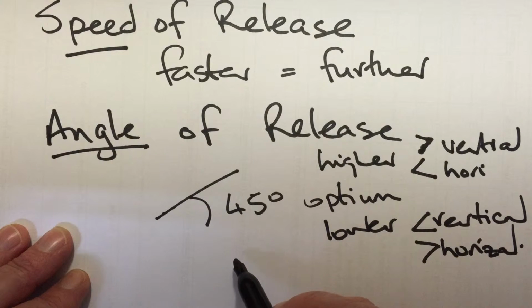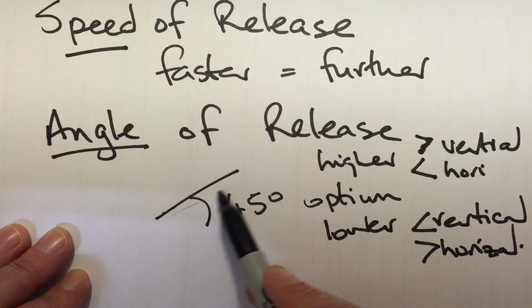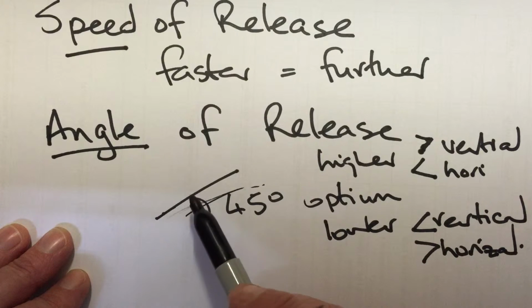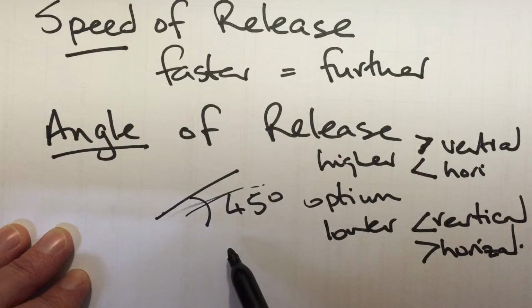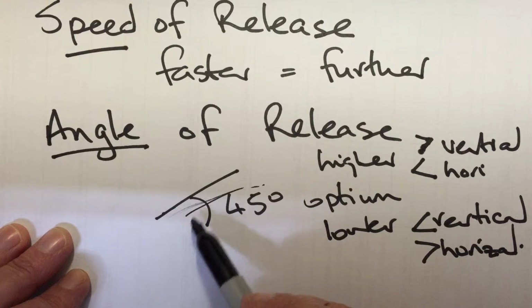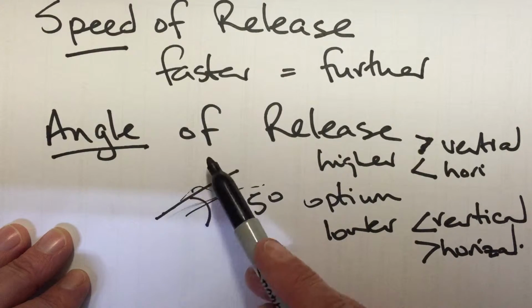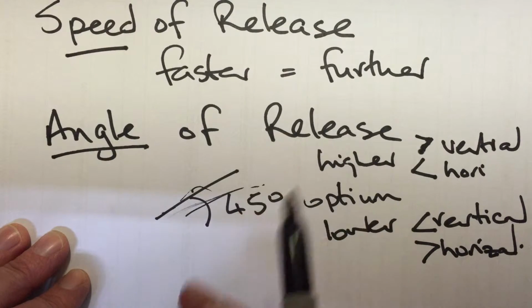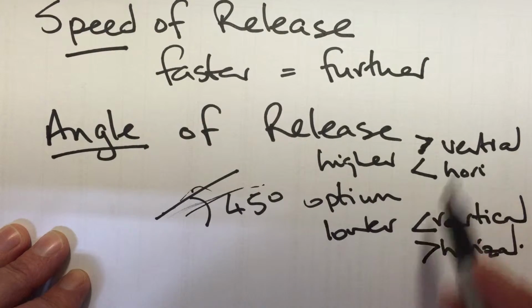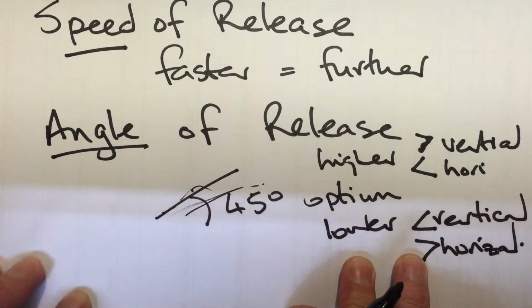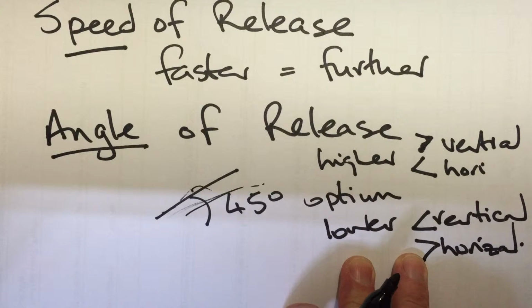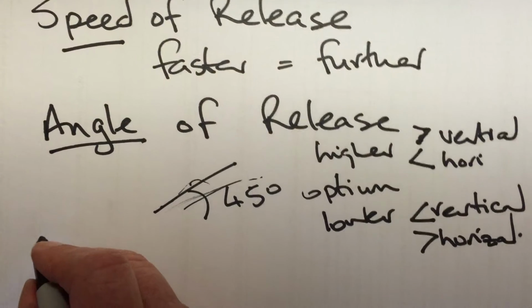I was having a look at the long jumper, they talk about about a 30-ish, 33, 32 degree angle of release. I was having a look at high jump. I was thinking, would it be about 75? The biomechanics reckon it could be closer to 45, 47. So that's quite interesting. But generally, we think about a higher angle giving greater vertical component and less horizontal, and a lower angle, less vertical and more horizontal. So speed of release, angle of release, and height of release play a part.